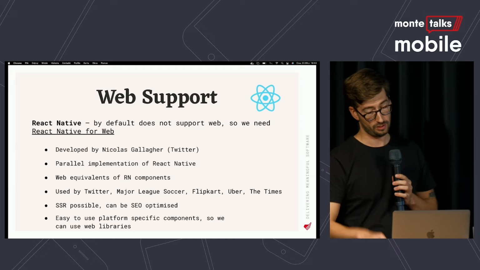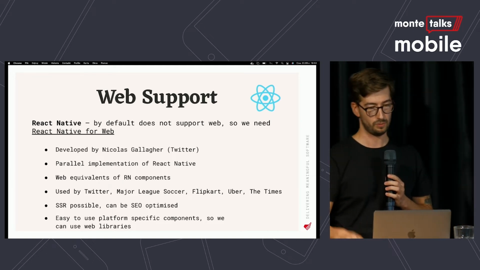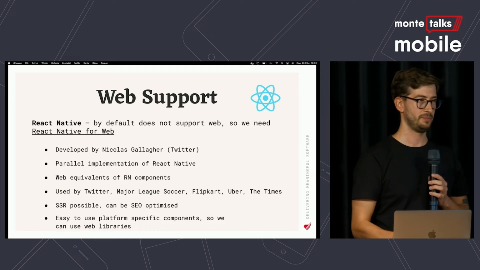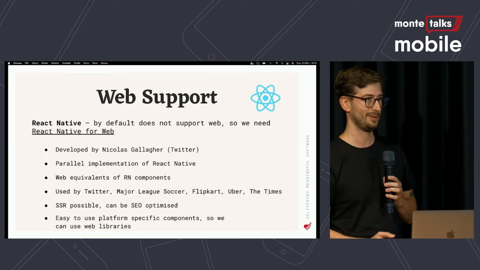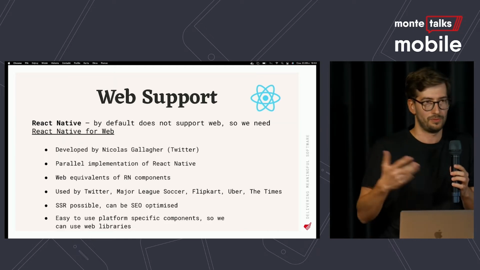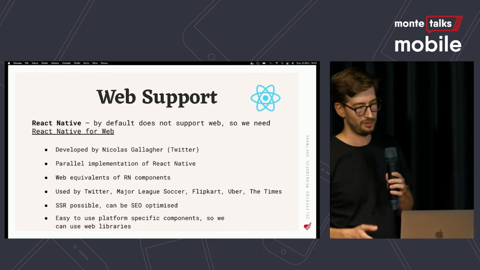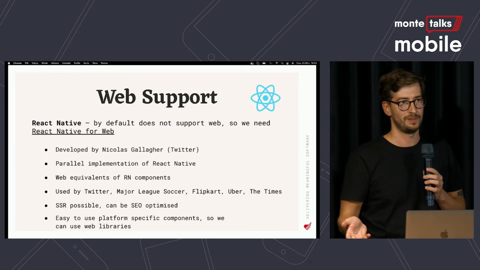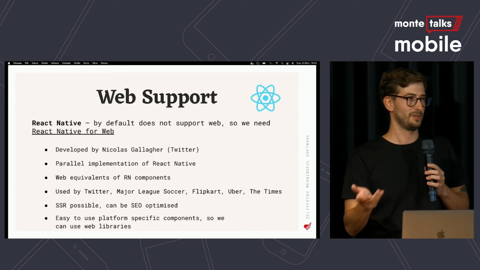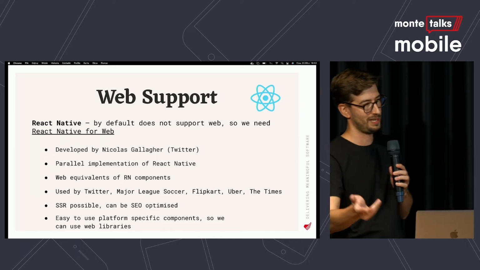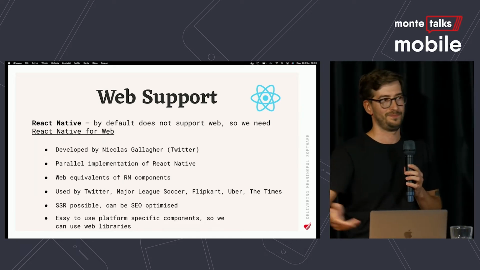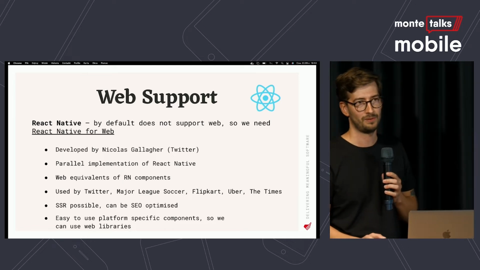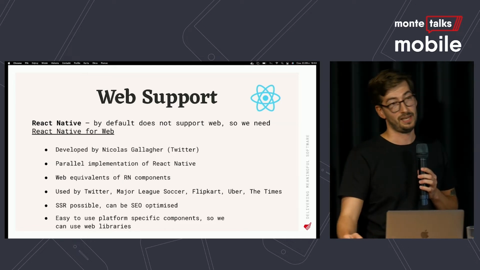And the other really important thing is that it's easy to use platform-specific components. And because the web application works like a regular HTML app, we can use any library designed for the web. So we can divide, for example, one component for mobile and one for web, and use even a web toolkit or UI kit to develop our app, and it will work.